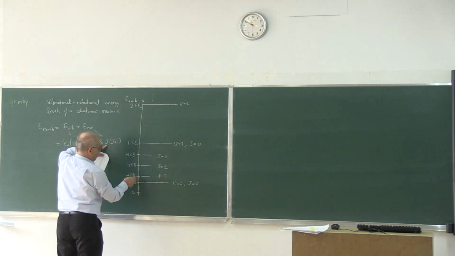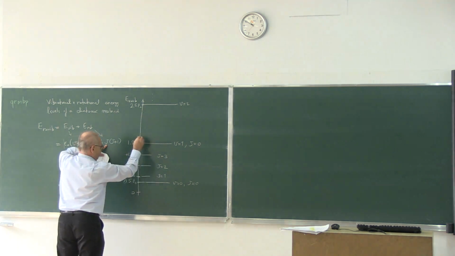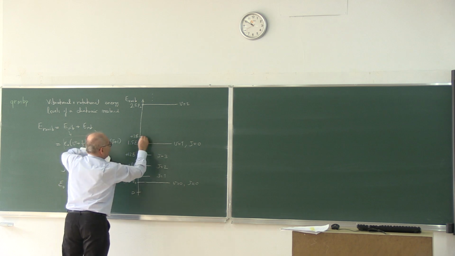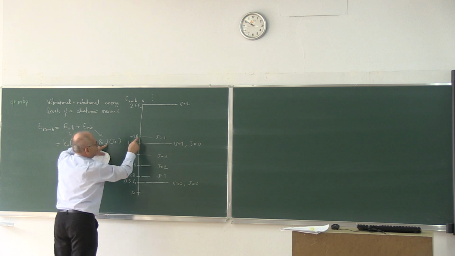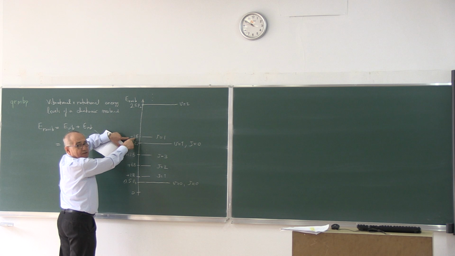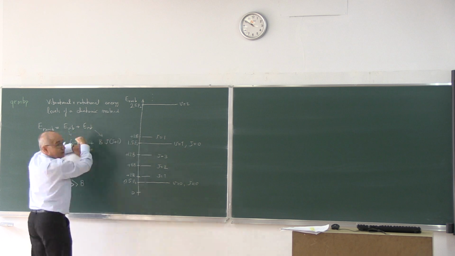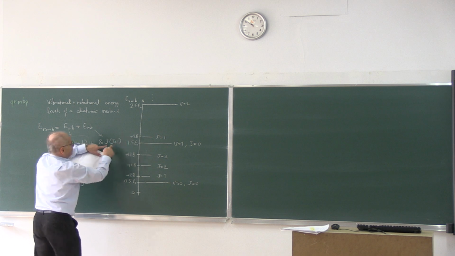So, it is similar to what we have shown for the ground vibration level. Here we have plus 2B. This is for J equals 1. This plus 2B means 1.5 F0 plus 2B, according to this expression, for V equals 1, J equals 1.